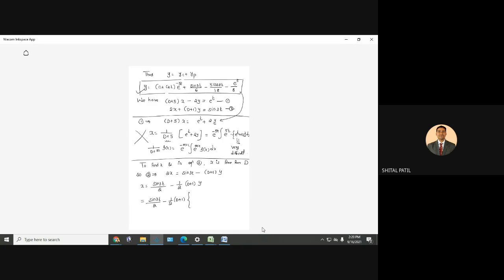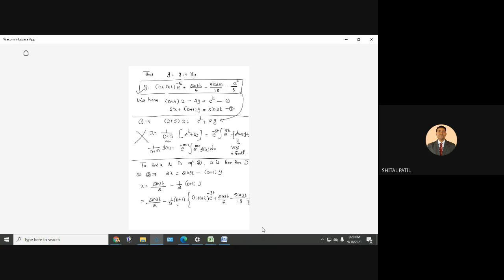But what is y? Y is like this: (c1 plus c2 t) e raised to minus 3t plus sine of 3t divided by 6 minus 5 cos of 3t divided by 18 minus e raised to t divided by 8.